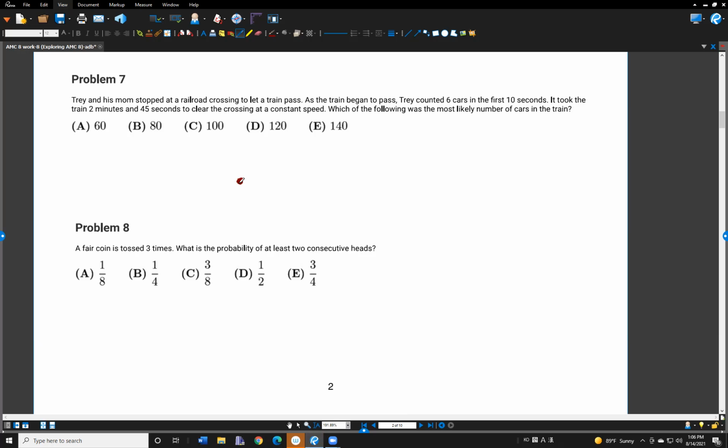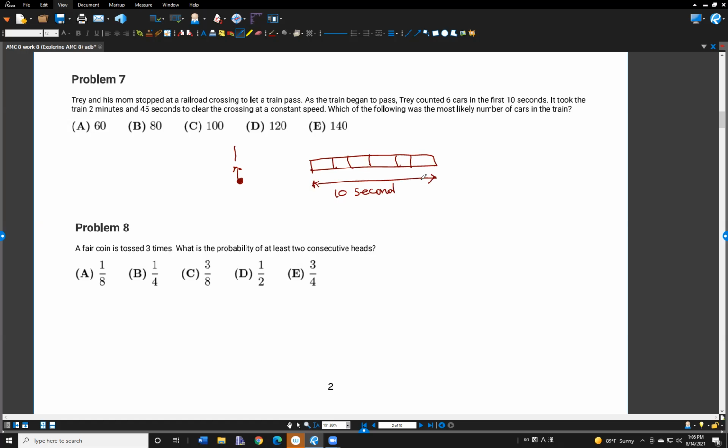Observe over here. Take a look. They counted 6 cars in 10 seconds. In 10 seconds, they had 6 cars there. Only 10 seconds they counted over here.